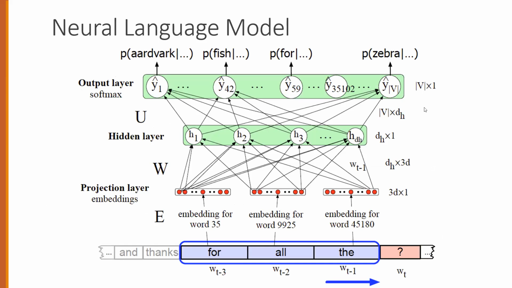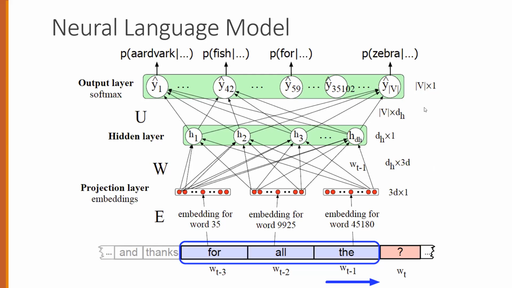Here is a sketch of the simplified feed-forward neural language model with n equal to 3. We have a moving window at time t, with an embedding vector representing each of the 3 previous words. That is the words w_(t-1), w_(t-2), and w_(t-3).